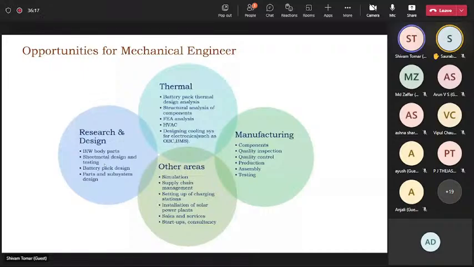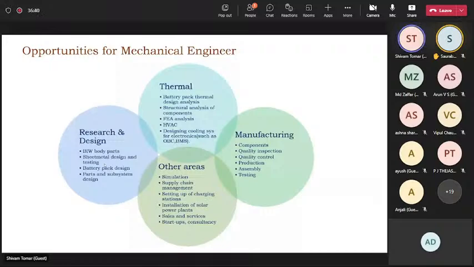So India has a very vast temperature difference. But if we particularly talk about batteries, batteries operate in a particular temperature zone only.